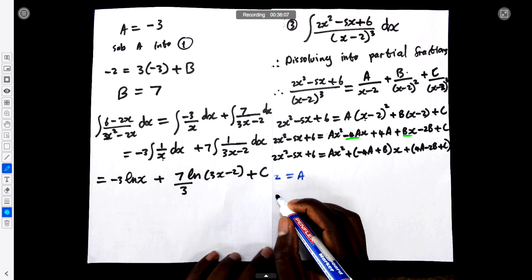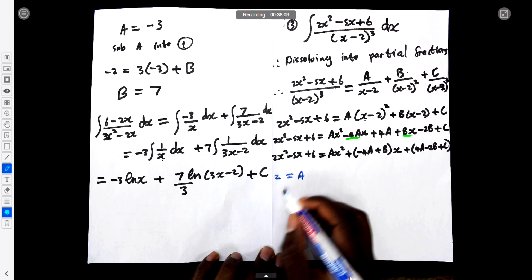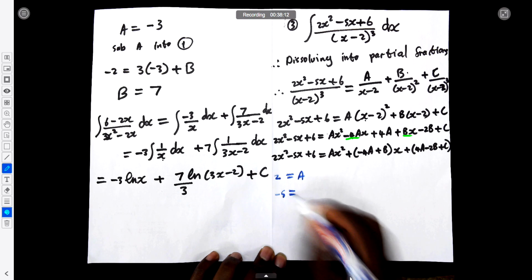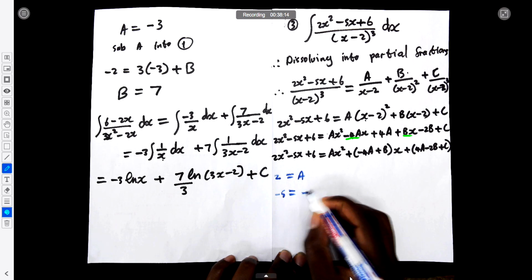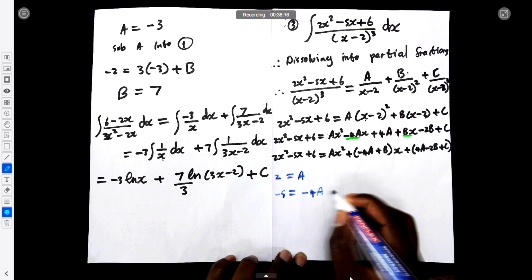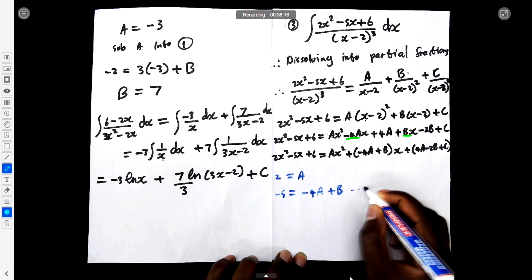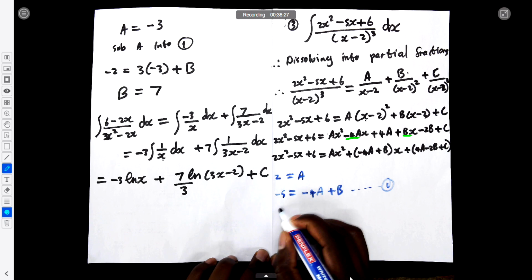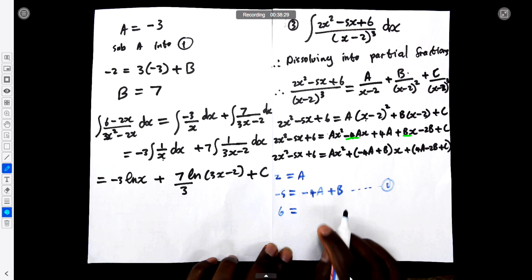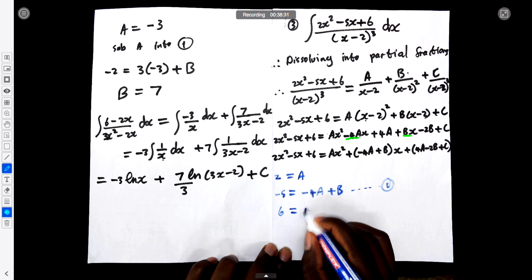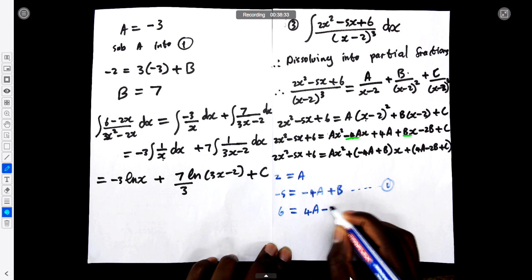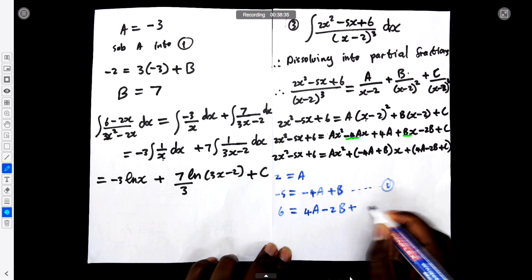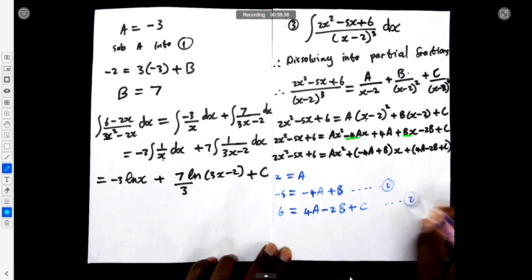Now with the coefficients of x, in the left hand side we have minus 5, and in the right hand side we have minus 4A plus B. It gives us equation 1. Then followed by the constant: we'll have 6 equal to the constant in the right hand side, which is 4A minus 2B plus C. So we have equation 2.